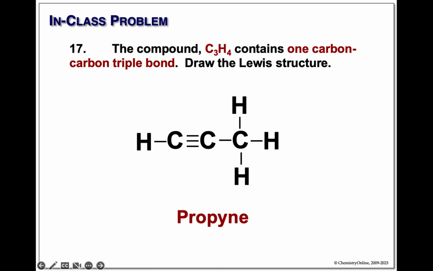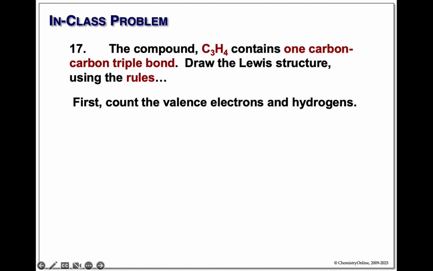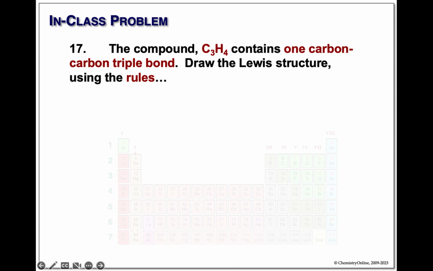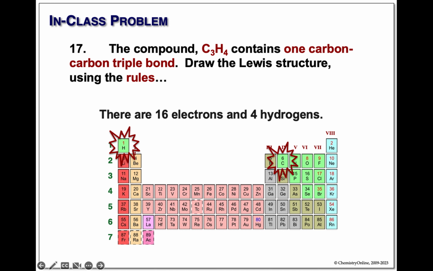Now I said before class, and on the exam in writing, that you might find it's easier to do if you use the rules. So let's look at it by the rules. Step 1, count the valence electrons. Once again, group 1, group 4. We have 3 carbons, 4 hydrogens, that's 16 electrons.